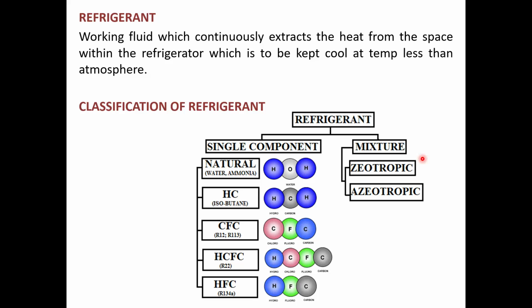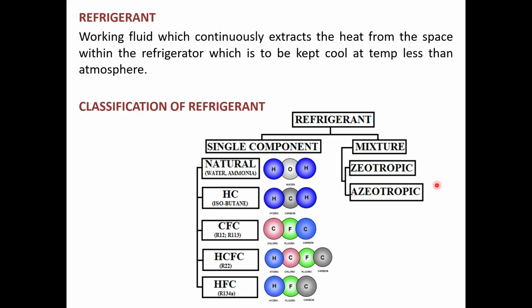A zeotropic mixture is a mixture with components that have different boiling points. For example, nitrogen, methane, ethane, propane, and isobutane constitute a zeotropic mixture. Individual substances within the mixture do not evaporate or condense at the same temperature as one substance, in the case of a zeotropic mixture.